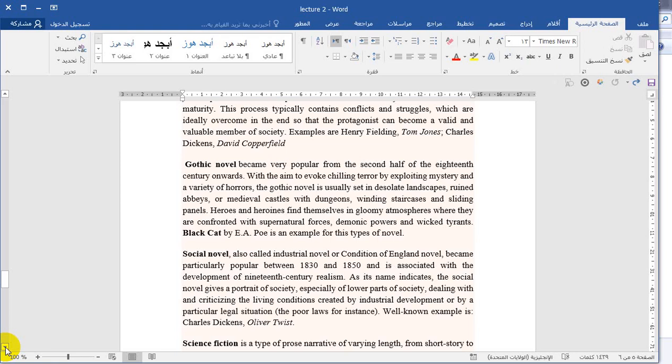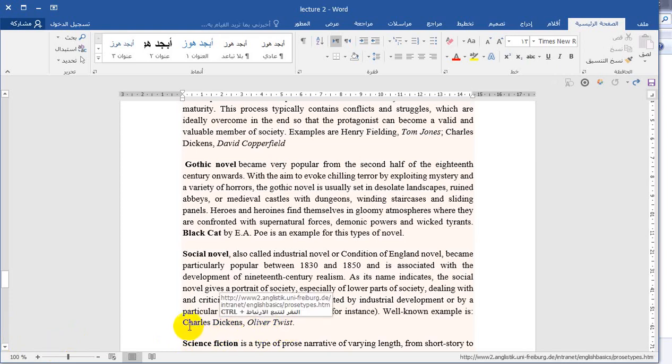People or readers welcome such kinds of writing because it enriches them, helps them understand their society and their problems, and helps them find solutions for their problems. For example, Charles Dickens, Oliver Twist.